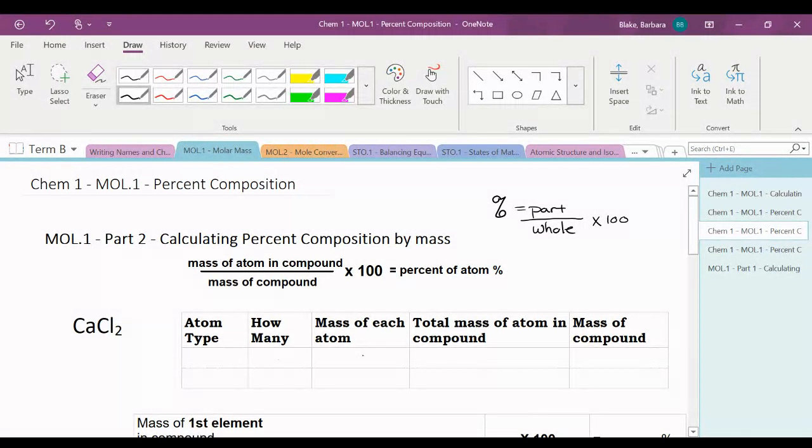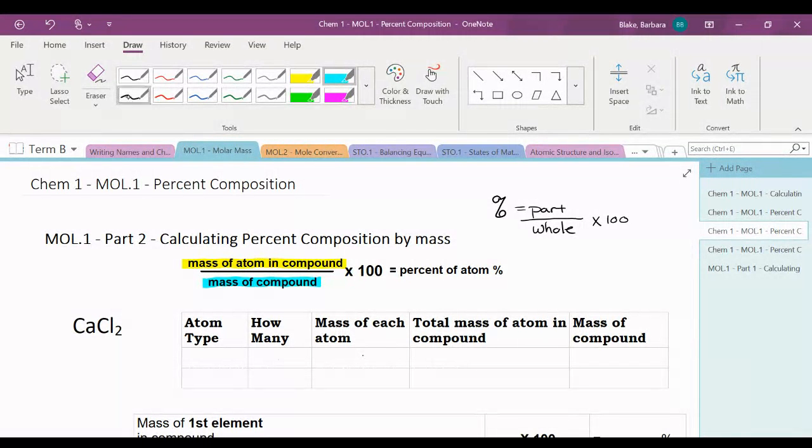And if I'm taking a look at percent by mass of a compound, it's the same thing, but my part is going to be the mass of the atom in the compound. And what is my whole? Well, my whole is the molar mass or the mass of the compound. And then like any percent, we take it times 100, and that will tell you the percent by mass of that element in the compound.